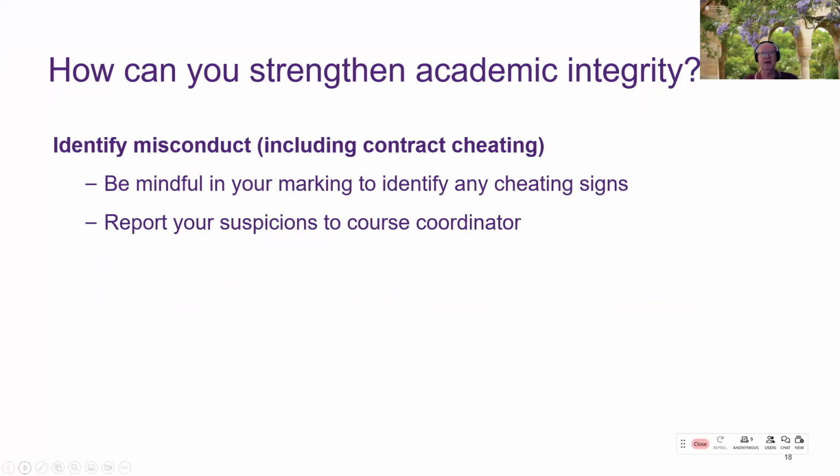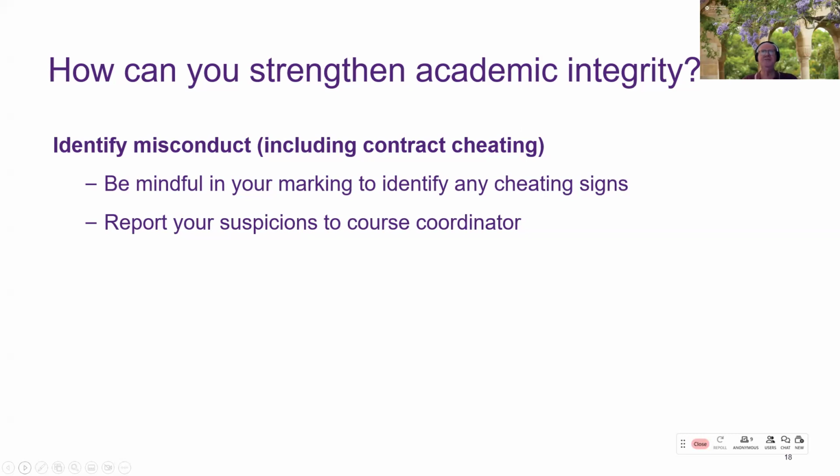People cheat. As a marker, it's a good idea to be on the lookout for cheating when you're doing your marking. Let students know that that's part of the process, that you look for it, and that it's part of the team approach for all of your tutors and your course coordinator too. As a tutor, if you're marking and you come across something that you consider may not be kosher, that gives you the suspicion that some cheating has occurred, you don't talk to the student.